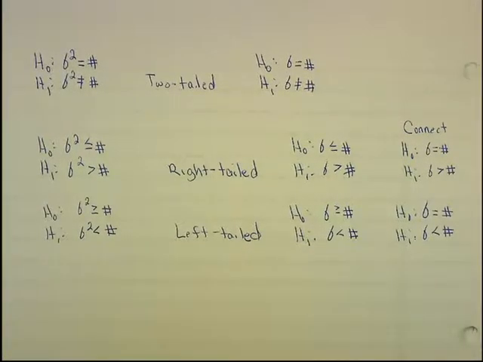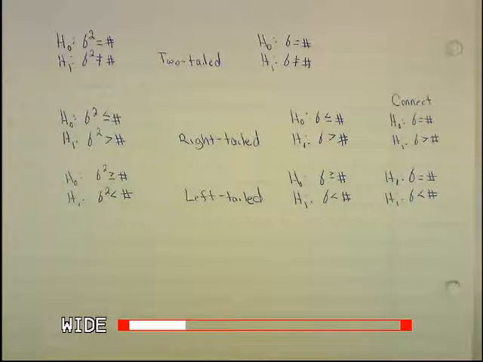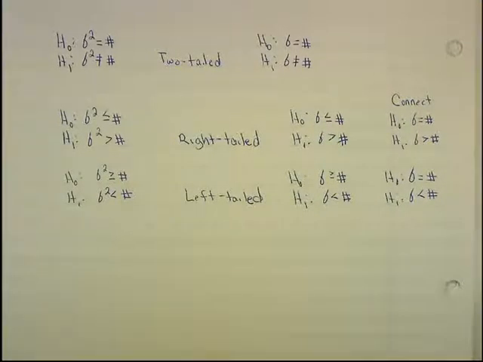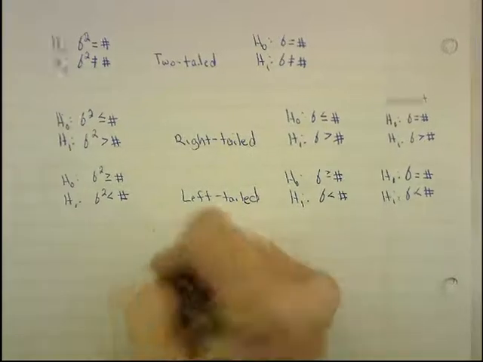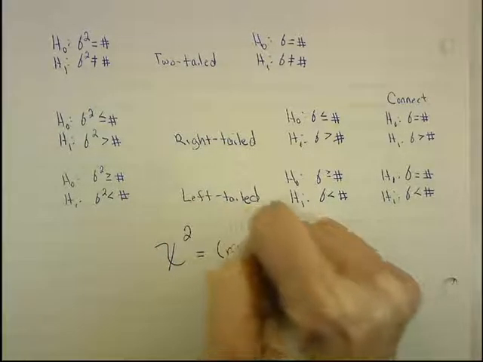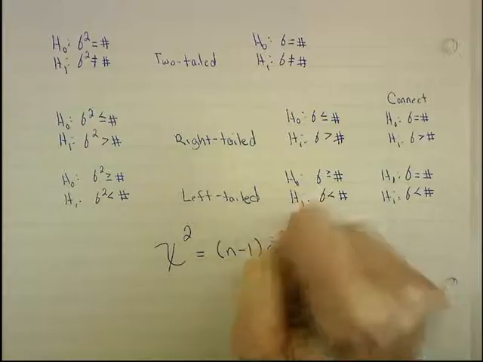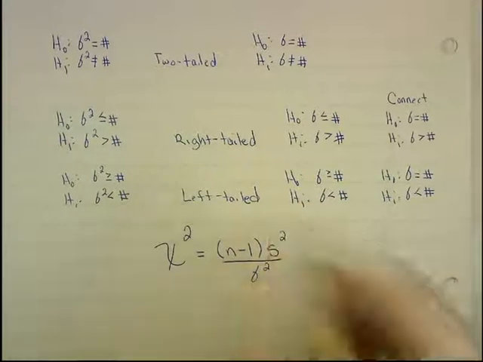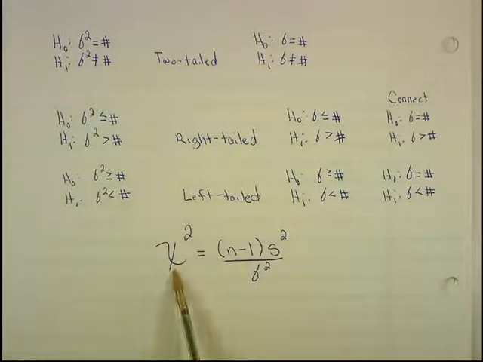The test statistic this time is going to be, and we will also be doing the traditional method and the p-value method. The test statistic formula is this. Remember that this symbol means chi-squared.